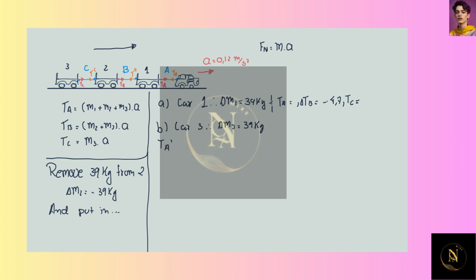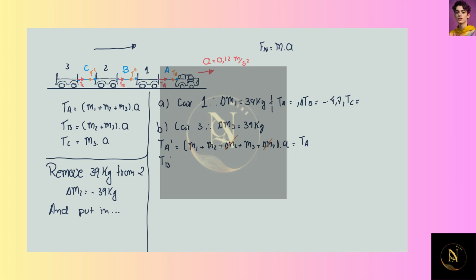The tension in cable A after is given by M1 plus M2 plus delta M2 plus M3 plus delta M3 times A. You can see that there is a cancellation between delta M2 and delta M3, so we get the same tension as we had before. So the tension in cable A doesn't change again.